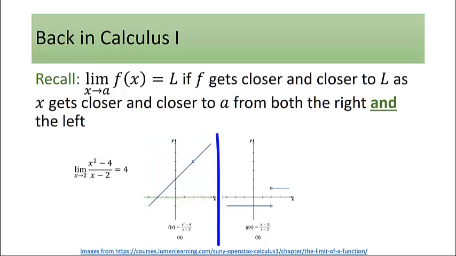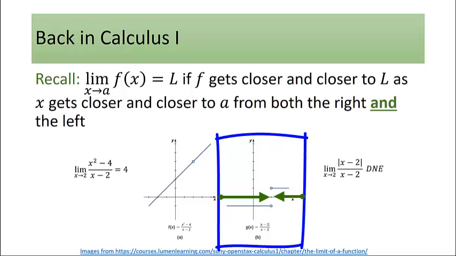On the other hand, in option B, the function is the absolute value of (x minus 2) over (x minus 2). Here, as x approaches 2 from the left, we see that we're approaching the y value negative 1. And as x approaches 2 from the right, we see that we're approaching the y value positive 1.